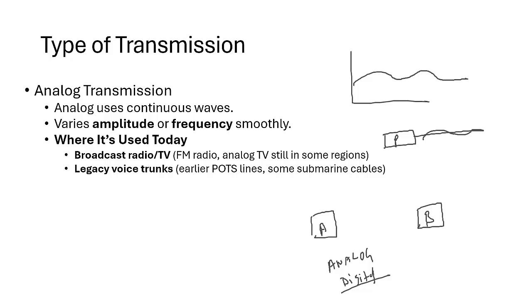But the problem is that your computer understands digital. Digital means information is turned into separate pieces. Let's take an example. We have system A and system B. Data is divided into ones and zeros.